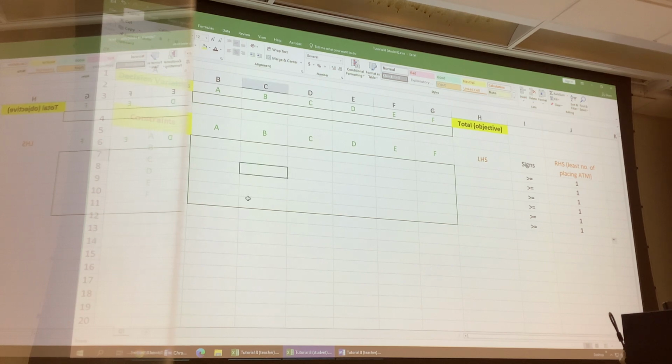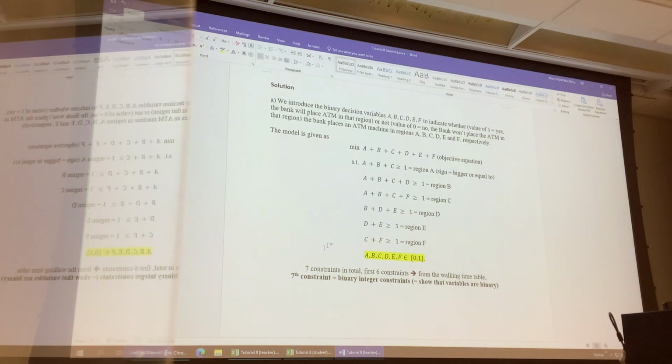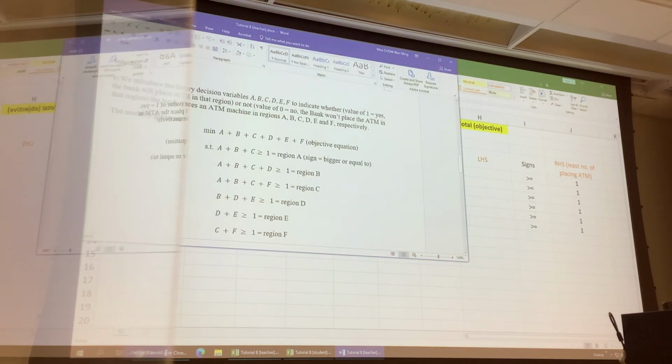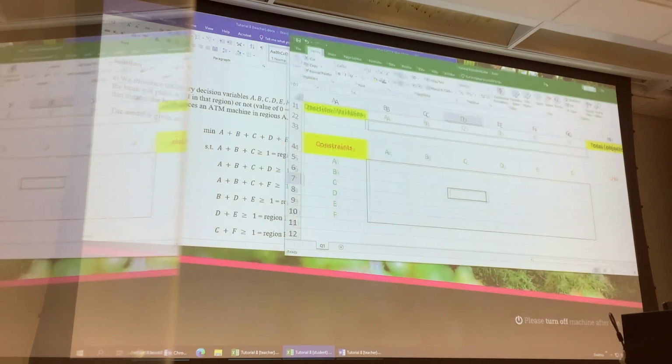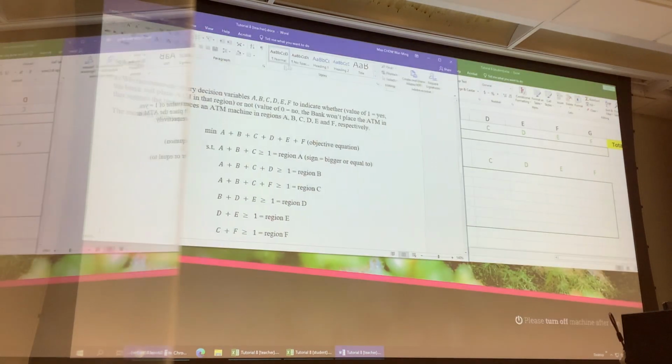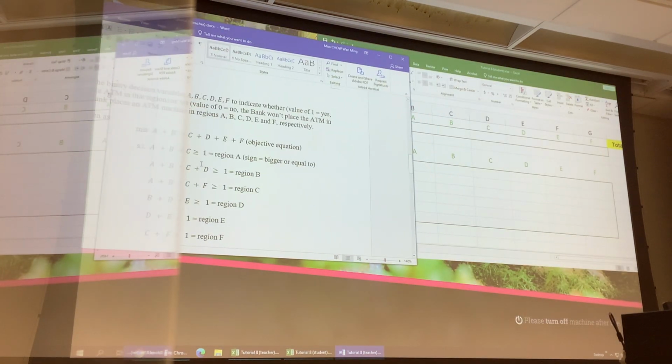And then we can input how many units of the variables in A, B, C, D, E, F in the constraint. We can have a look at the constraint here. So for the first one, A, B, and C, right?